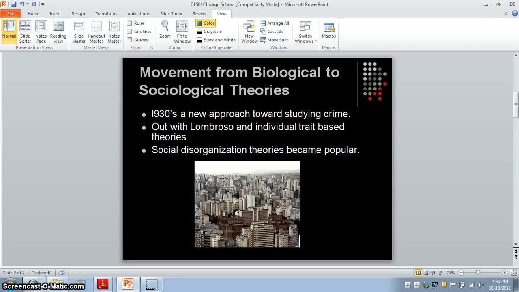As the United States changed from a small land of stable communities to one dominated by crowded cities, sociologists argued that changes and forces outside the individual influenced criminal behavior.